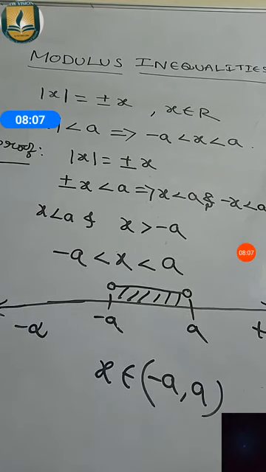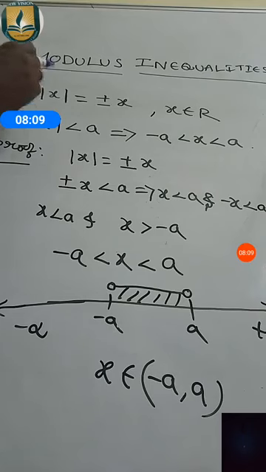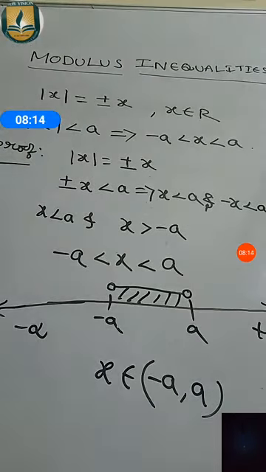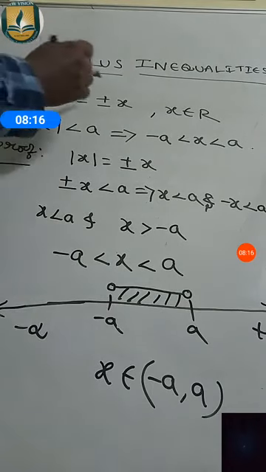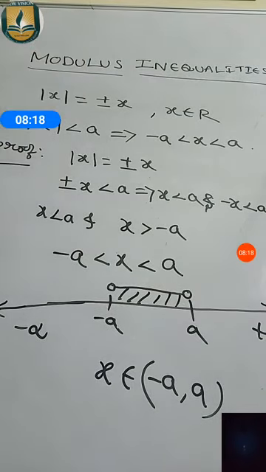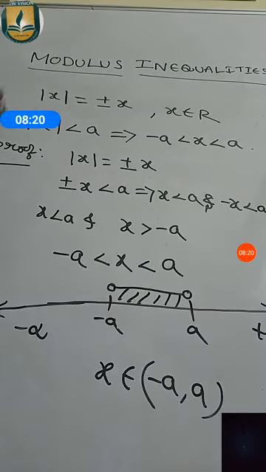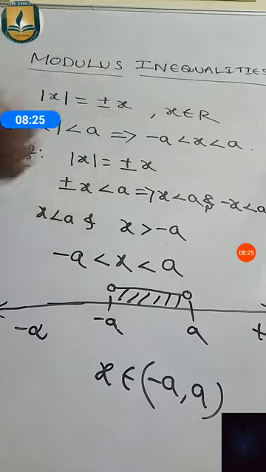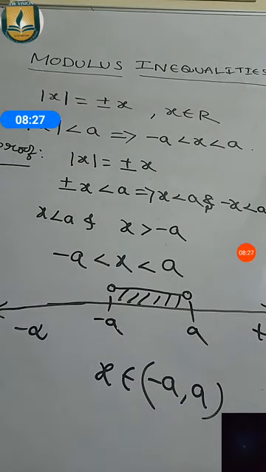Therefore, once again, modulus of x is defined as plus or minus x: when x belongs to R, if x is positive it is plus x, and if x is negative it becomes minus x. We already discussed it. Now, modulus of x less than a means minus a less than x less than a. How do we get this?